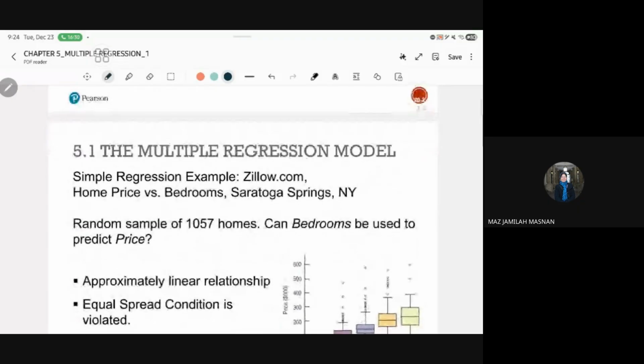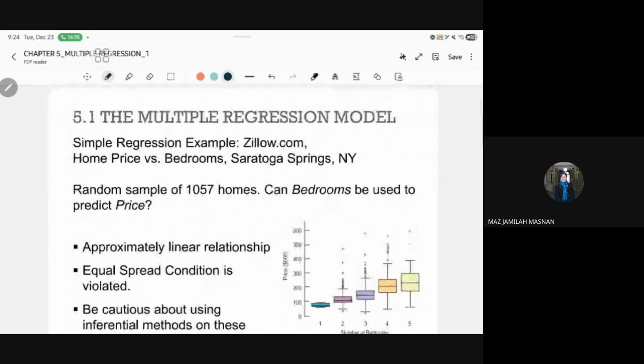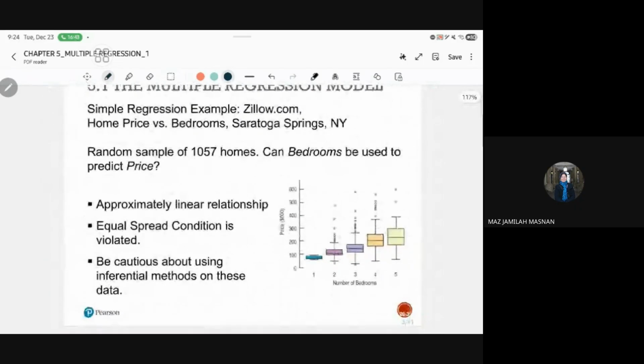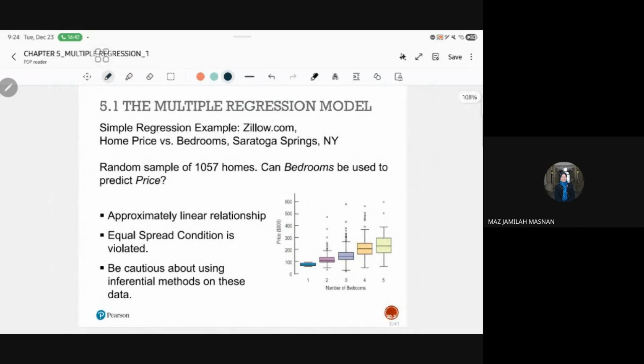Now, what you should know about multiple linear regression? If I were to teach this at the undergraduate level, I would discuss a more systematic and structured way to explain multiple linear regression.